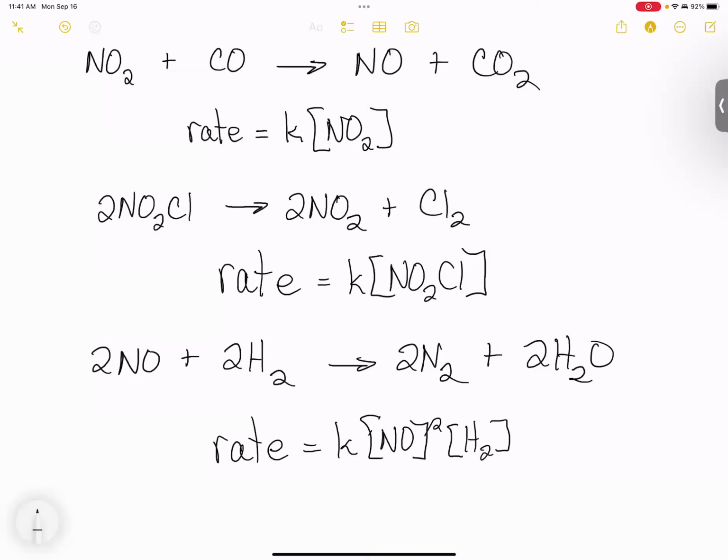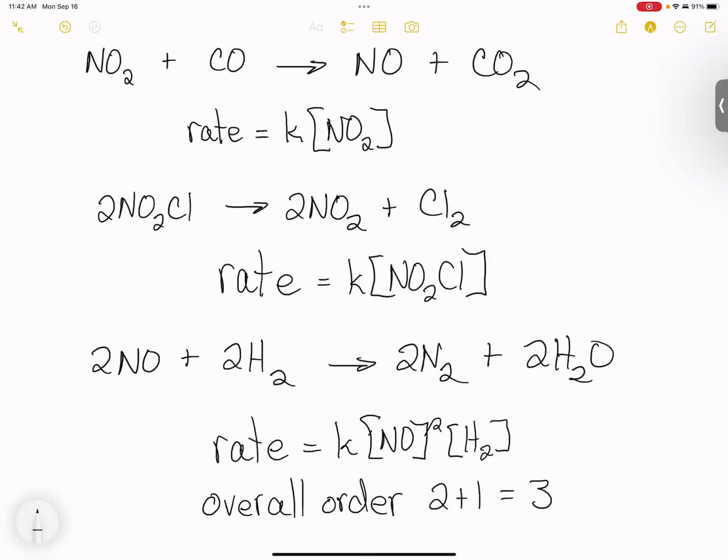First of all, the overall order would be 2 plus 1, or in other words, it is 3. The speed of this reaction is based off of 3 molecules. 2 nitrogen monoxides reacting with hydrogen.